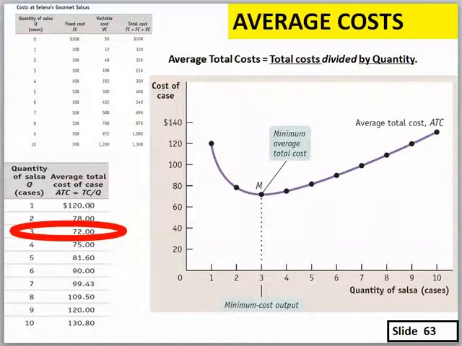But then we get to a point where the increase in the variable cost is so big that it starts overpowering that decrease in average fixed cost. So therefore our average total costs start increasing.